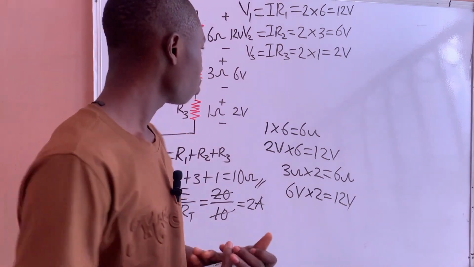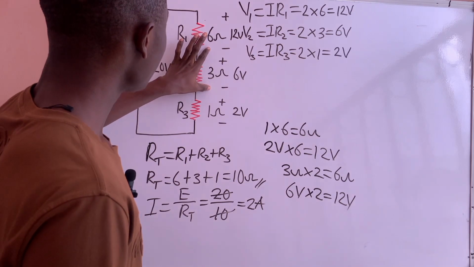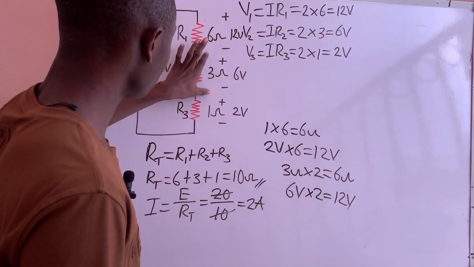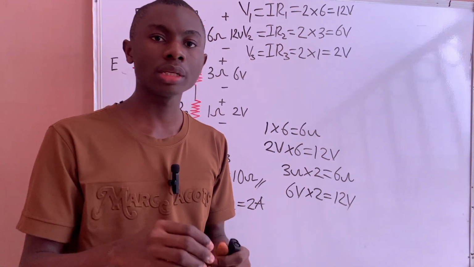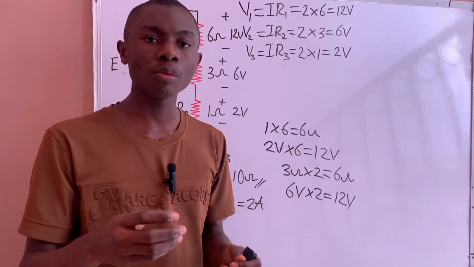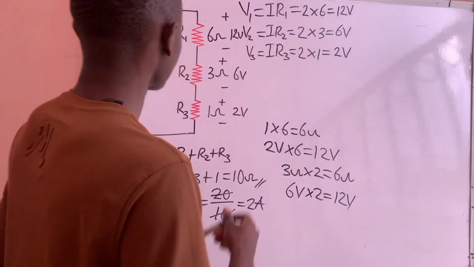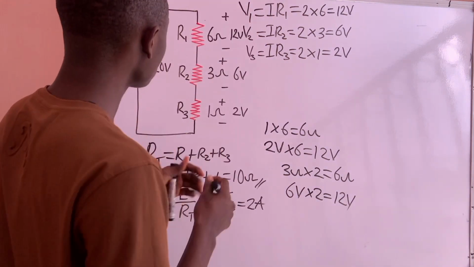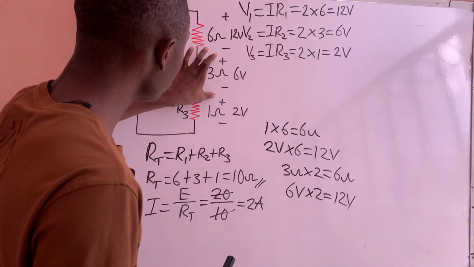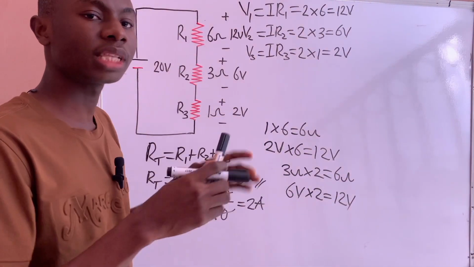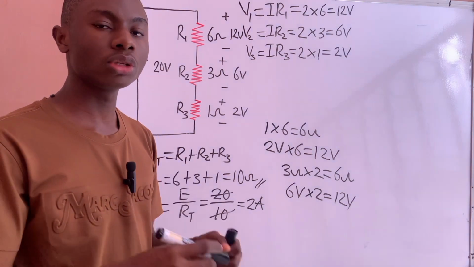Remember that when we look for the voltage that drops across the individual resistive elements, we first of all determine the value of current before we are able to find the voltage level.